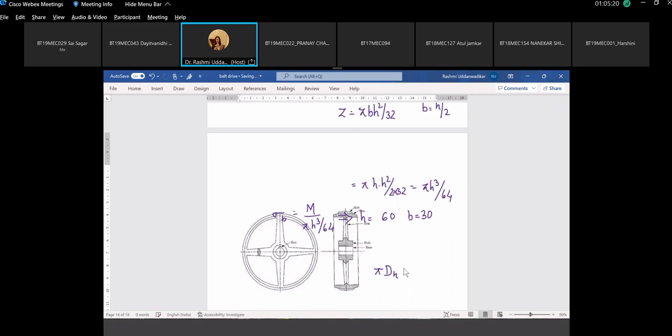And this value should be a little greater than the number of arms, 6, into this value H for the hub. Take 59.6 as 60, into 6, this should be 360. What is pi dh? Is that greater?